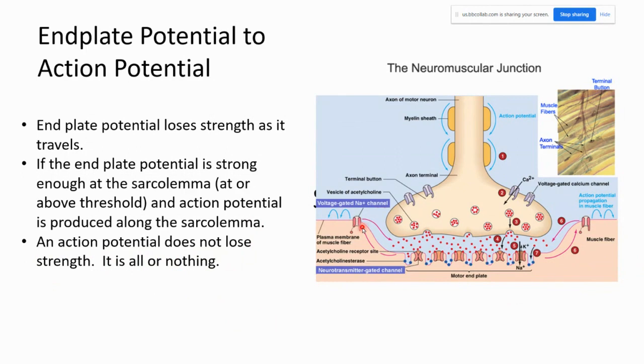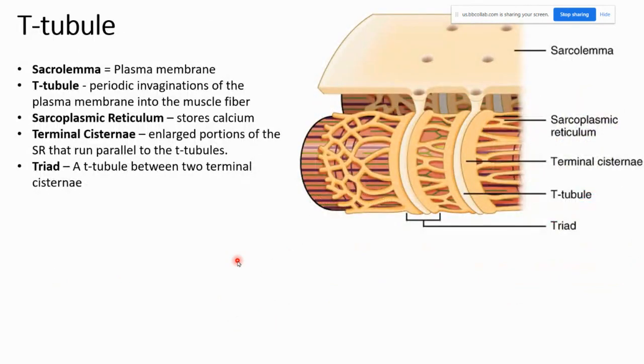We get this voltage across the entire muscle fiber, which we don't see in this picture. It's just a very tiny area. All right, so there's a sarcolemma, and let's say it got excited. That action potential is going to rush through the entire sarcolemma all the way around the muscle fiber, the plasma membrane.